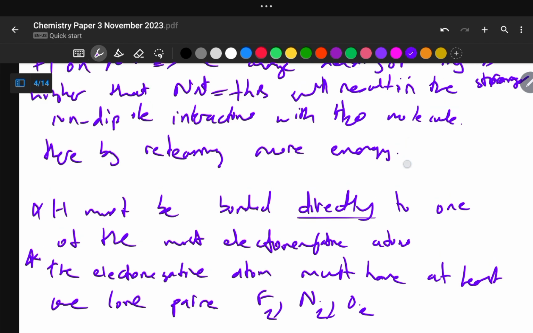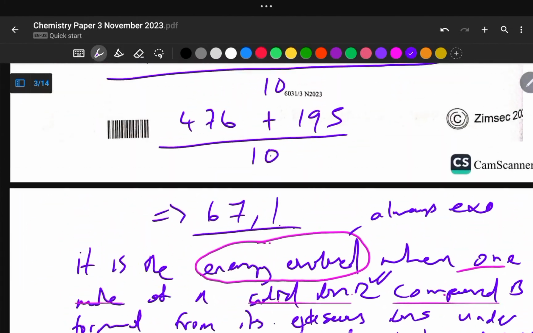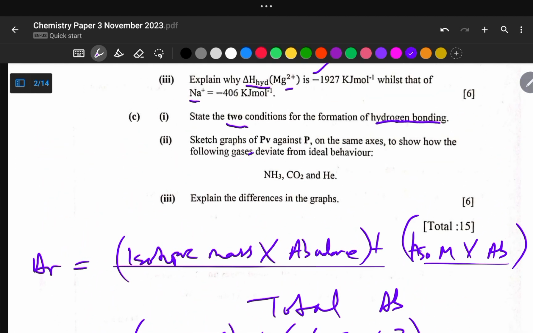And then we are moving on to the next part. So the next part says, sketch a PV against P graph to show how the following gases deviate from ideal behavior. So you have ammonia, carbon dioxide, and helium.